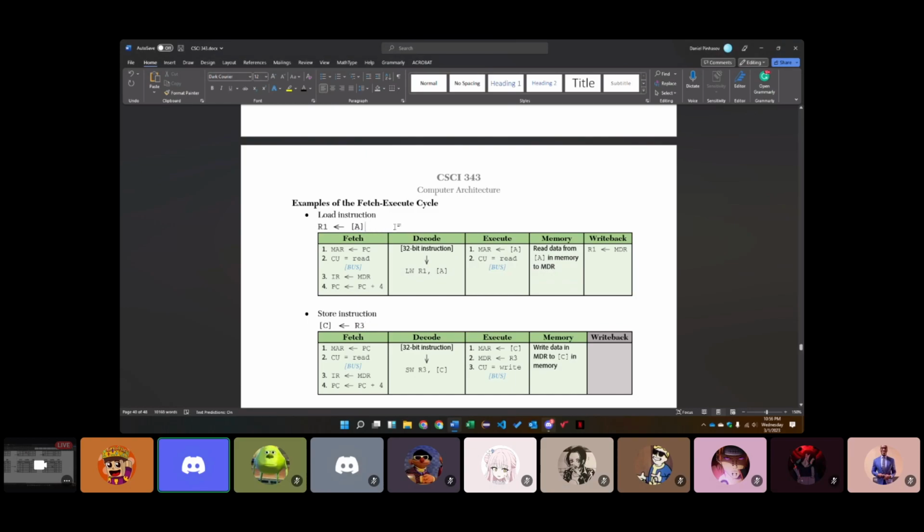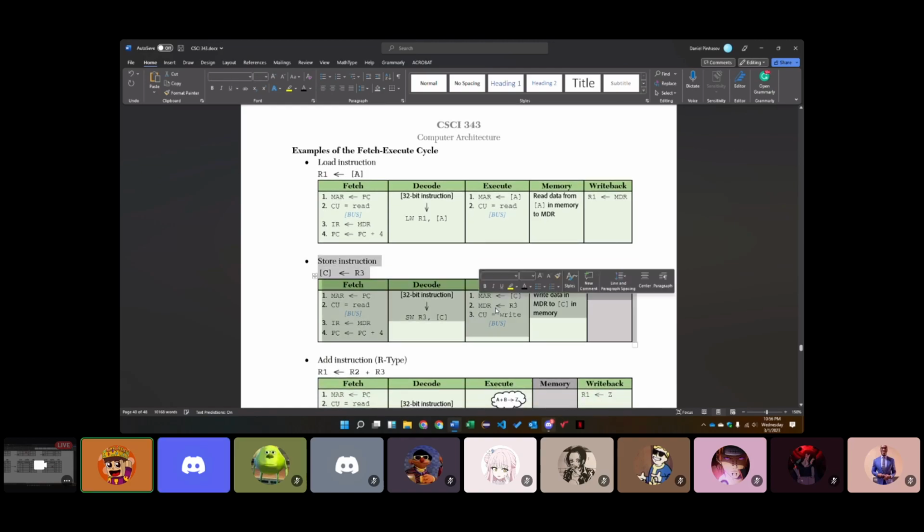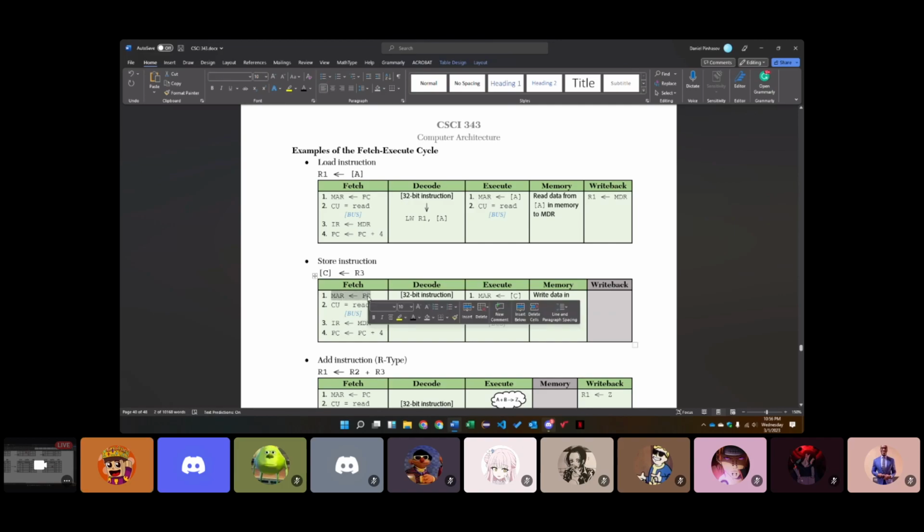Right. So let's say for the store one, if they ask for the MAR value before exec, would that just be? I don't know what that would be actually. So this is a store. Before exec, in exec it changes. The last time it changes is right here, so that means it would be the address of this instruction. Oh, okay. So if this was 28, then MAR would be 28, right?